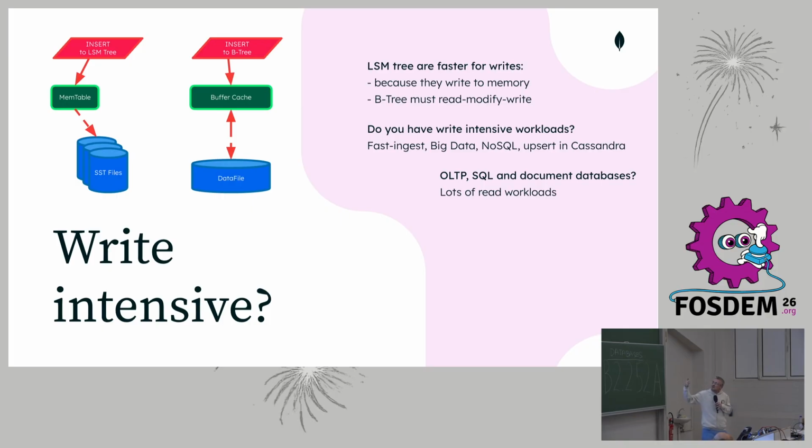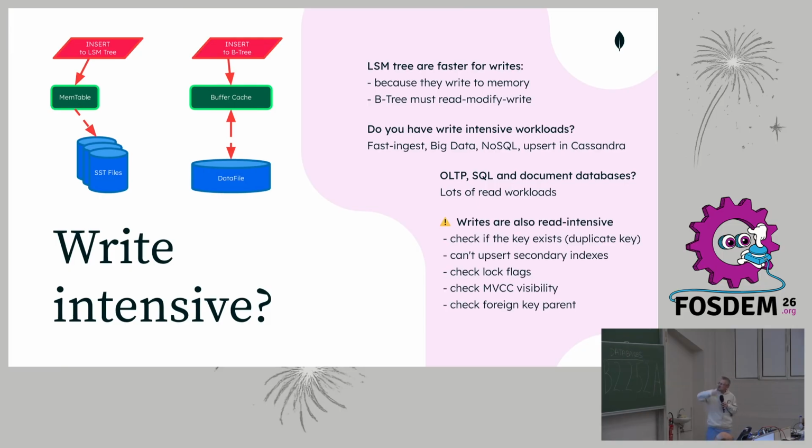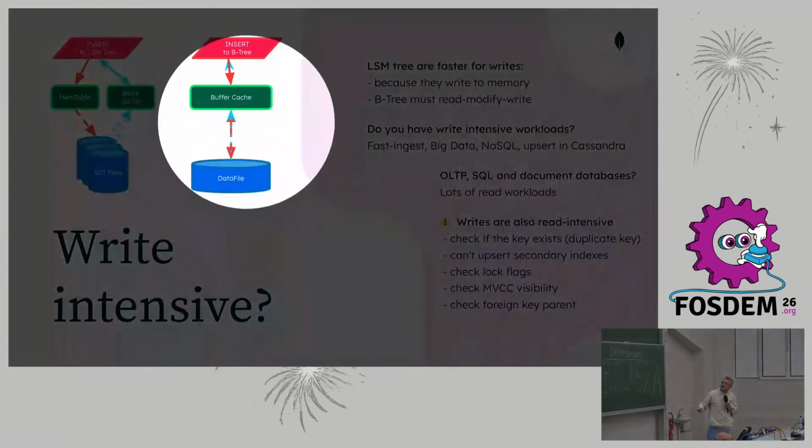But not all workloads are write intensive. LSM-Trees were really made for big data where you upsert, where you don't have a secondary index, things like Cassandra, for example. But on OLTP, on SQL databases, as I mentioned at the beginning, you read a lot. You need to read a lot even when you insert, which means that with the B-tree, you already have this read done.